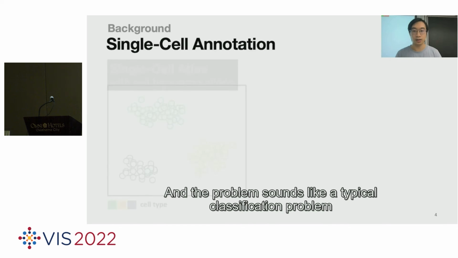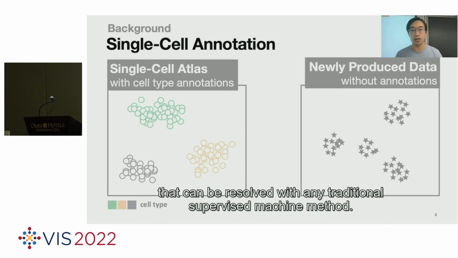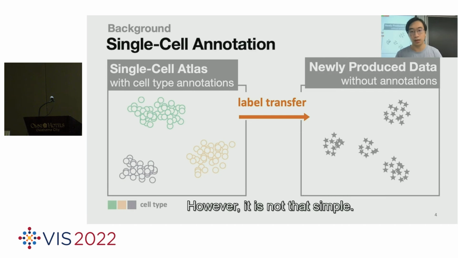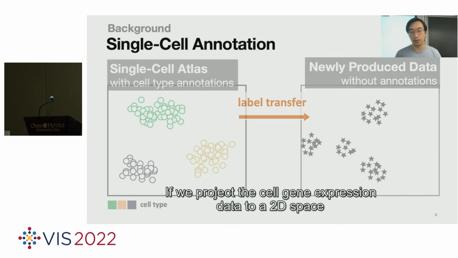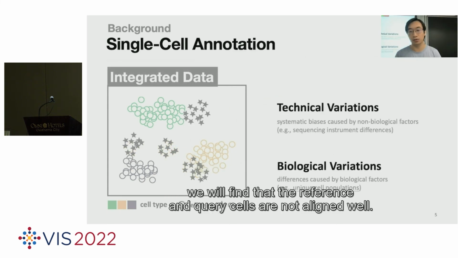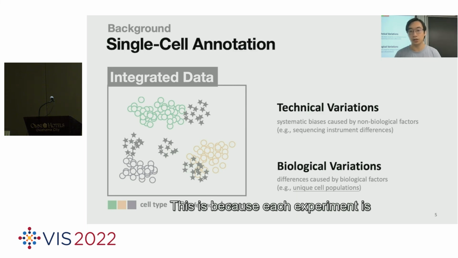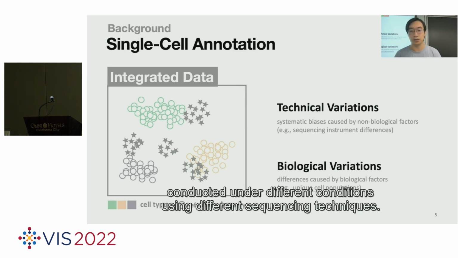And the problem sounds like a table classification problem that can be resolved with any traditional supervised machine learning method. However, it is not that simple. If we project the cell gene expression data to a 2D space, we will find that the reference and query cells are not aligned well. This is because each experiment is conducted under different conditions, using different sequencing techniques.